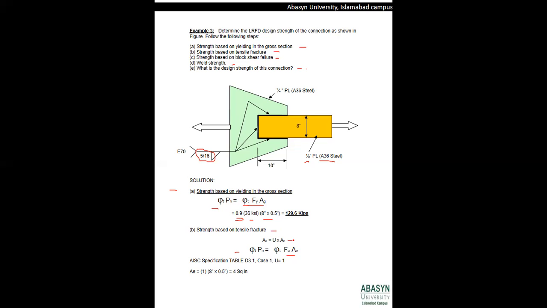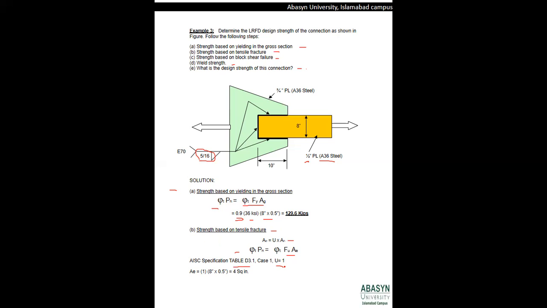We find the value of U based on the type of the section, and for this particular section, if you move towards Table D3.1, it comes out to be 1.